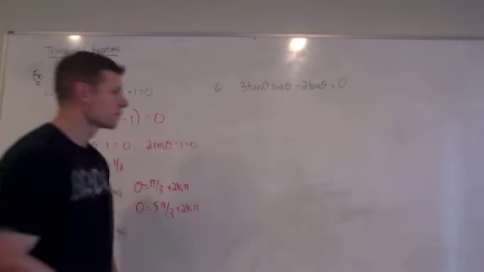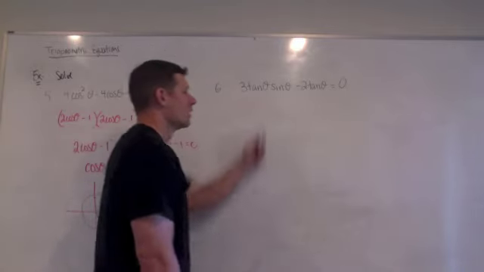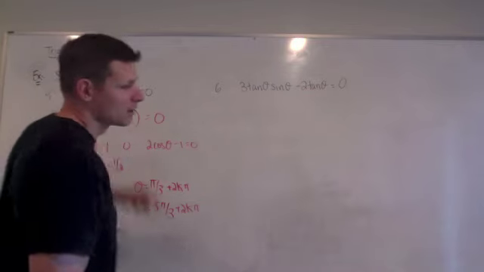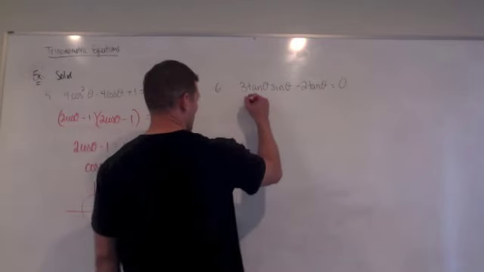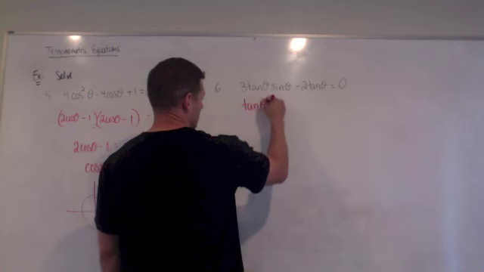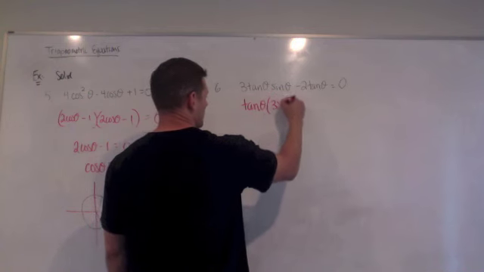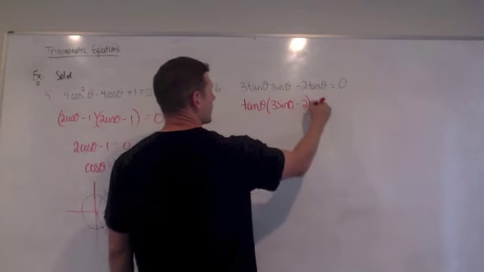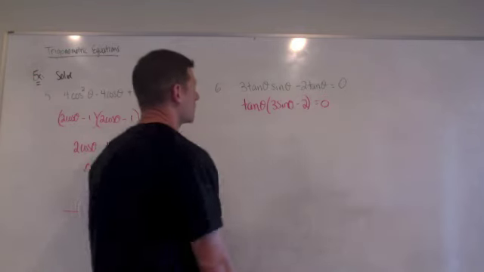Okay, next one. Suppose in this one we have something like this. Well, this is not one of those ones where you go through the factoring process that we did here. Here we'd factor out a greatest common factor, which is tangent theta. And what we're left with is 3 sine of theta minus 2, and that equals 0.